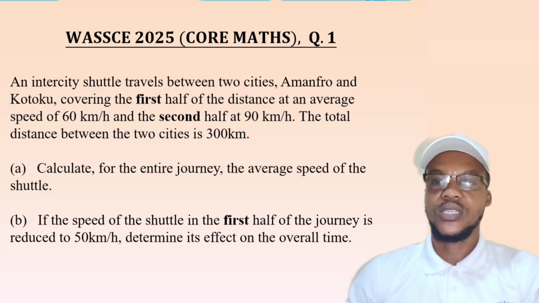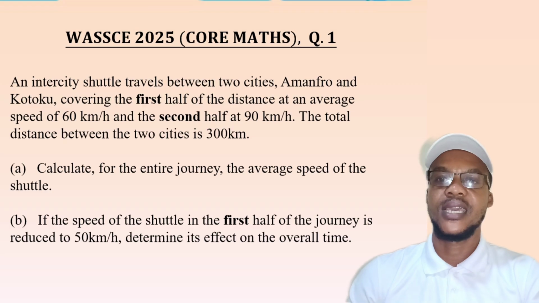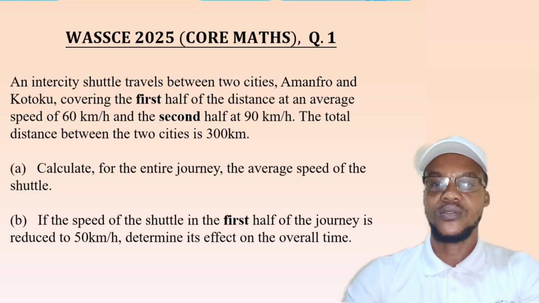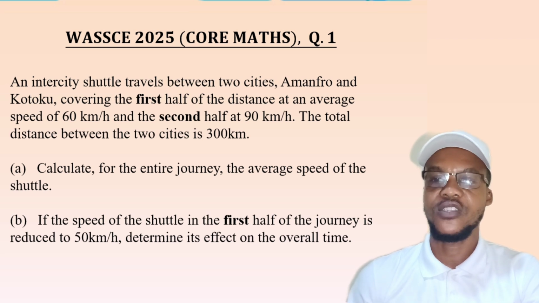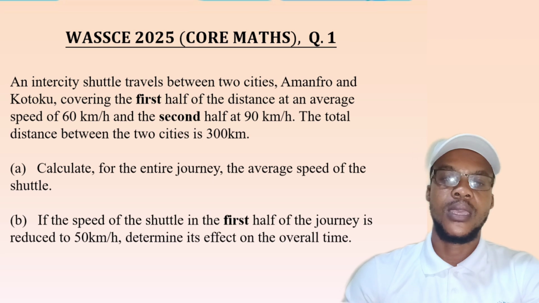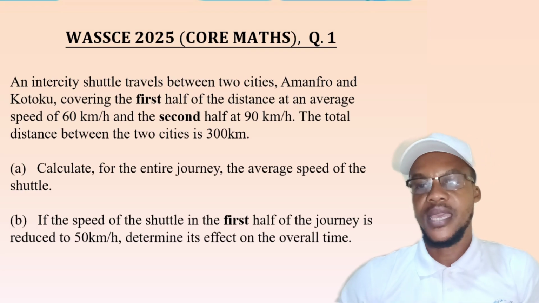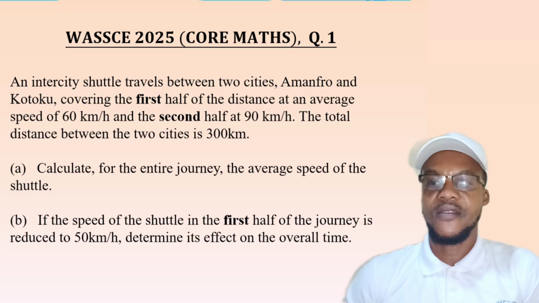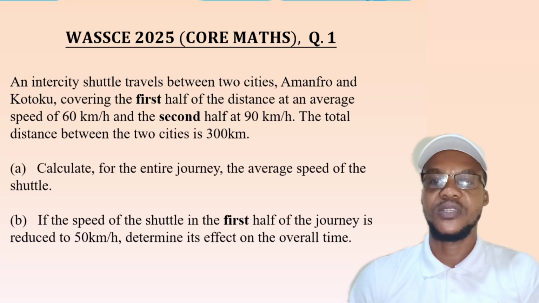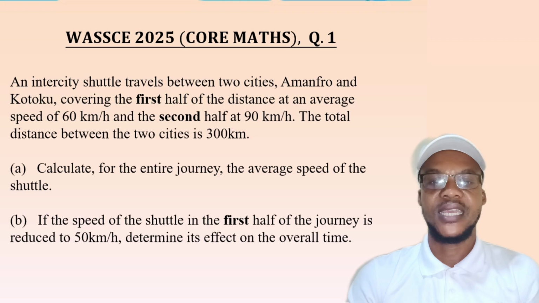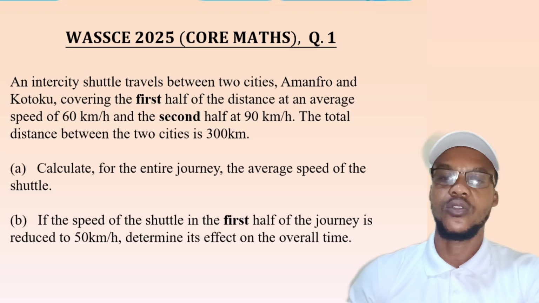If the total distance between the two cities is 300 kilometers, then we have to calculate the average speed of the shuttle for the entire journey. And then in part B, we are also to determine the effects on the overall time if the speed of the shuttle in the first half of the journey is reduced to 50 kilometers per hour.